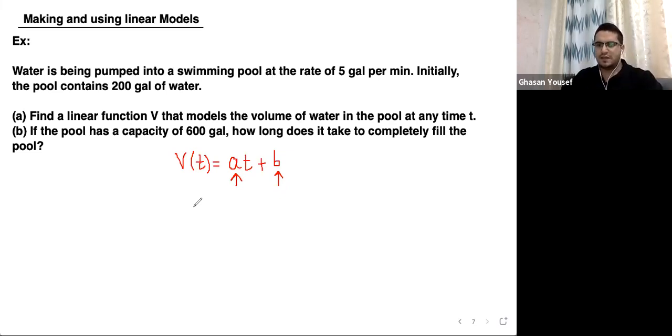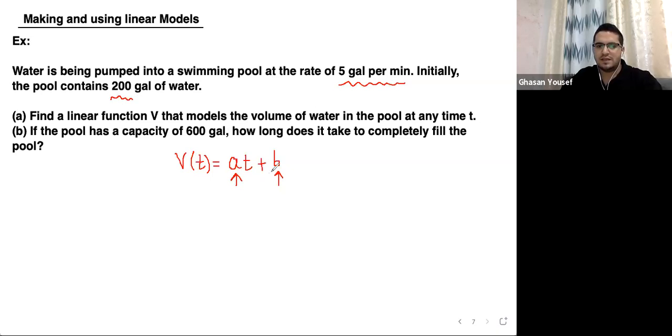Zainab said v of t equals 5t plus 200. She said a is the rate, 5 gallons per minute, and the initial value is 200 gallons of water. This is correct.